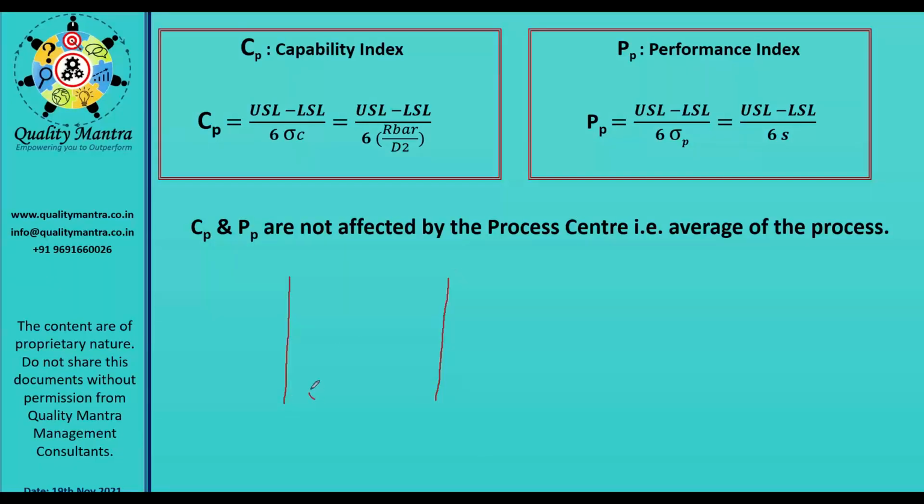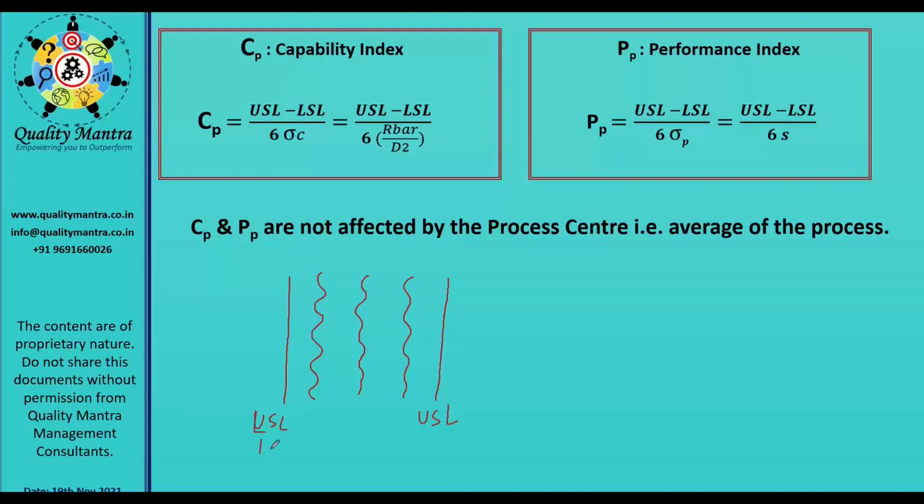One driver is driving here, one driver is driving here, and one driver is driving here. This is your LSL, and this side is the USL, the upper specification limit.